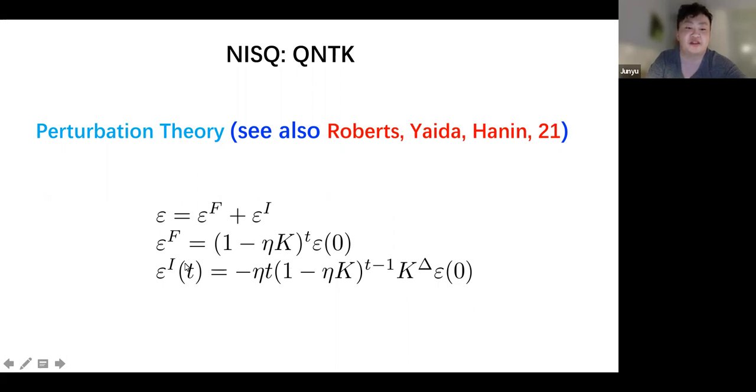So that is the correction to the free solution, which is purely exponential decay. That is an example of the solution of the perturbation theory, and you can in fact do this kind of analysis order by order around the lazy training regime.